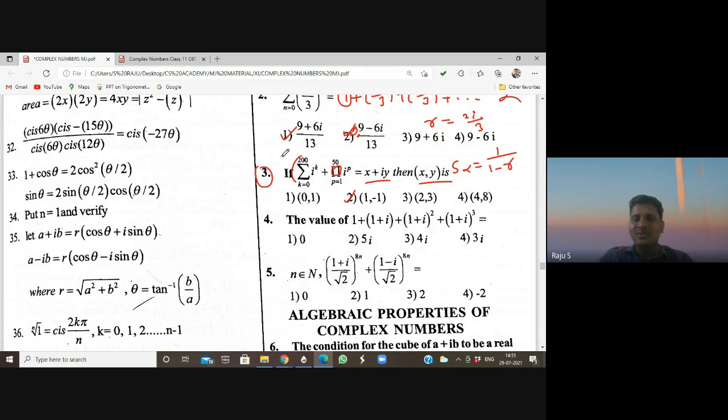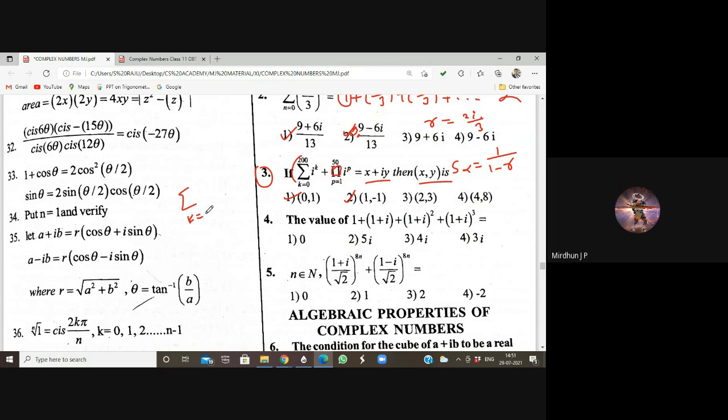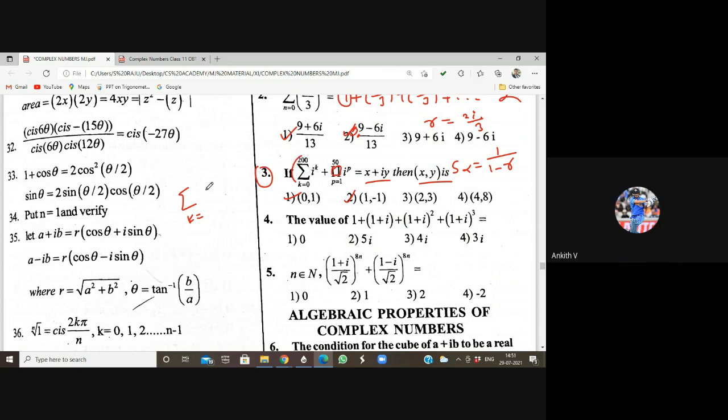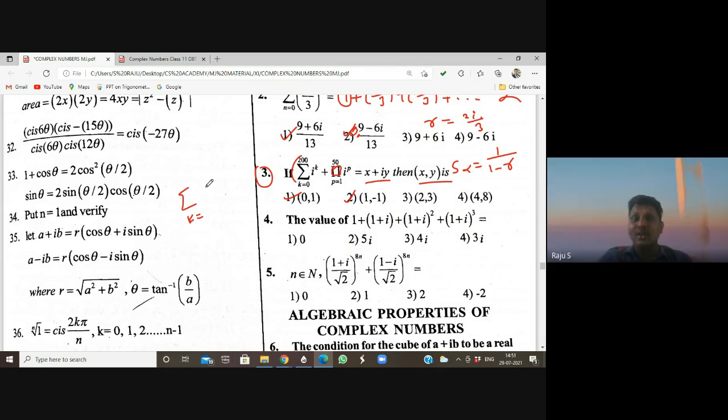Sometimes most of the students make mistakes here. Actually, how many terms are there from 0 to 200? It's 201 terms, when I substitute k equal to 0.